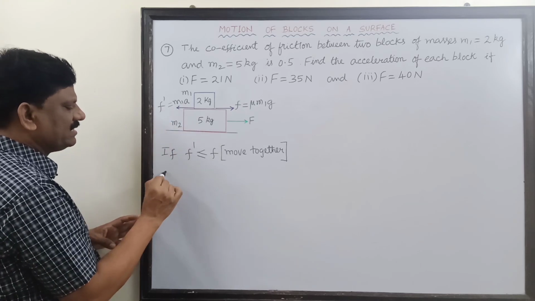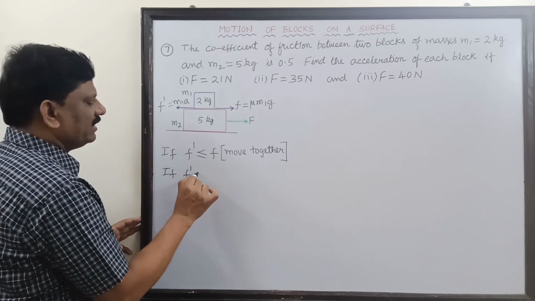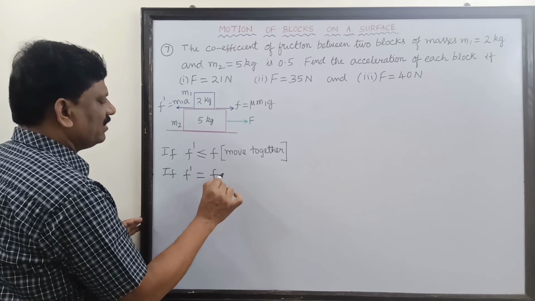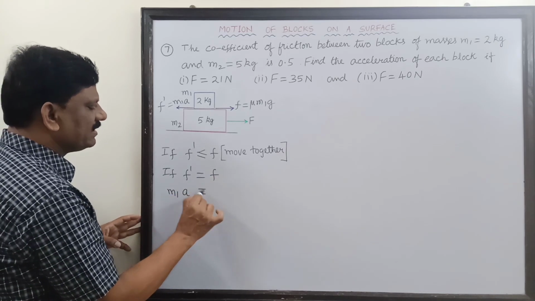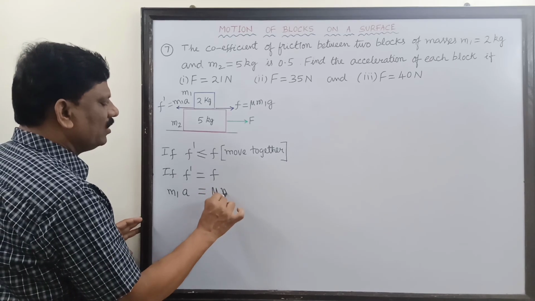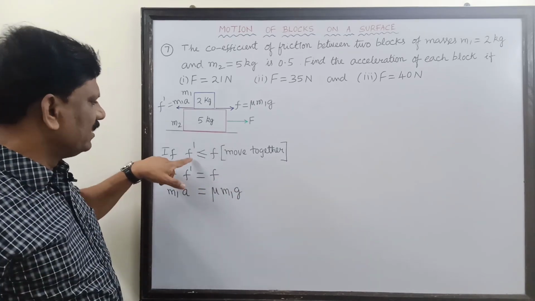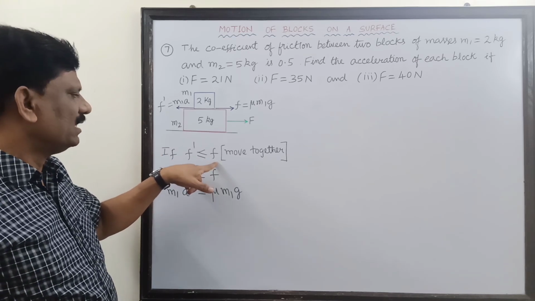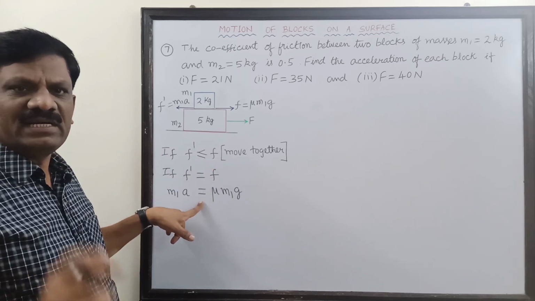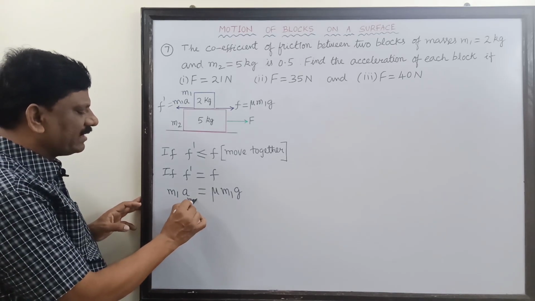Now we will take m1. Let us take F dash equal to F, so that m1 into A is equal to mu into m1 into g. I told you that this pseudo force is either less than or equal to; this equal to is the value corresponding to the maximum acceleration.